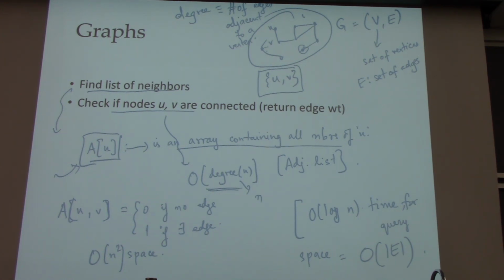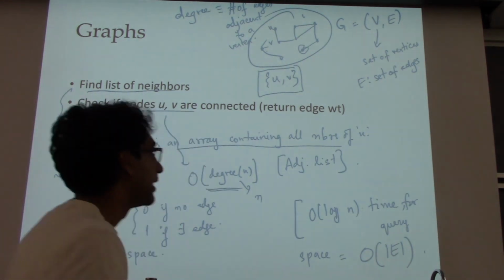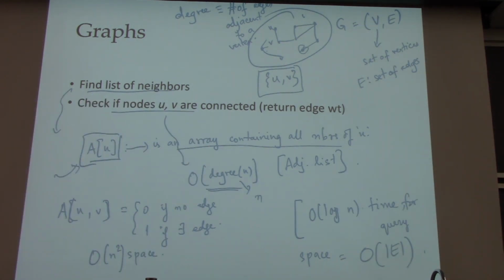So space is number of edges or number of vertices plus edges? Sorry, yeah, it should be number of vertices plus number of edges. Very often E is the dominating term, so I just forgot that. Because you still have to have something for every vertex, right? You've got to say it's not connected.